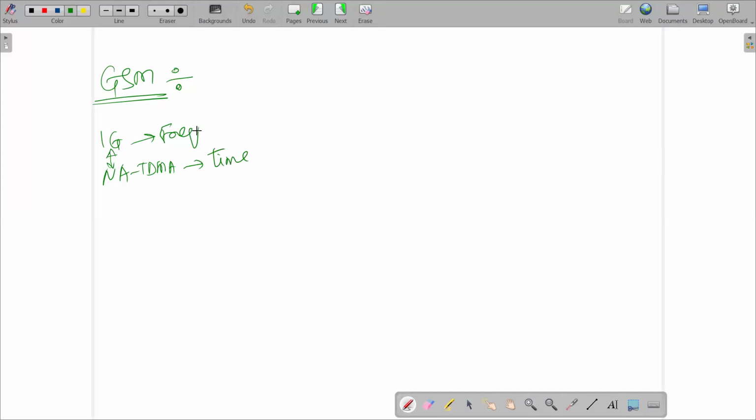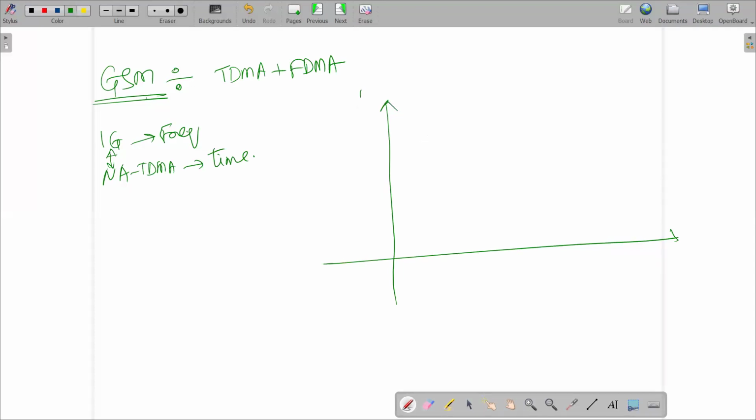Either we are assigning frequency or time. Then GSM brought in both: why can't we assign TDMA plus FDMA? It is a kind of check box that users will get. So this is the frequency, and this is the time.